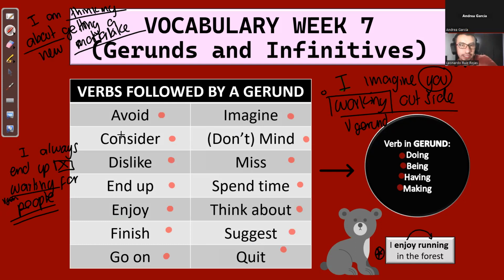So if that something is an action, it's going to be in gerund. I am thinking about getting a new motorcycle. Or for example, I usually think about creating new material for my classes. Or environmental engineers usually think about reducing the impact of the human in the environment, for example, right?